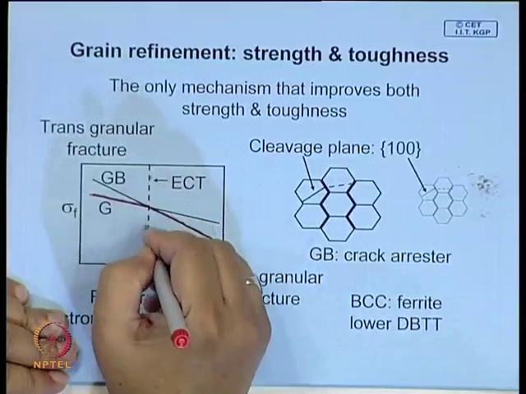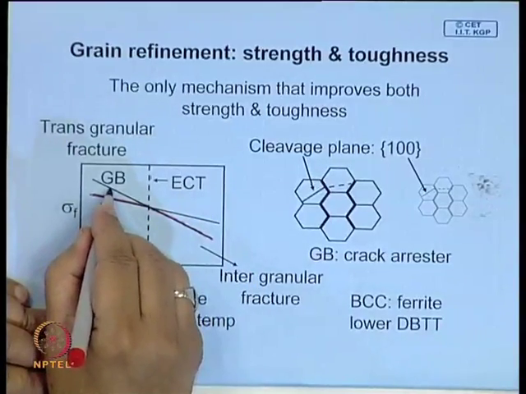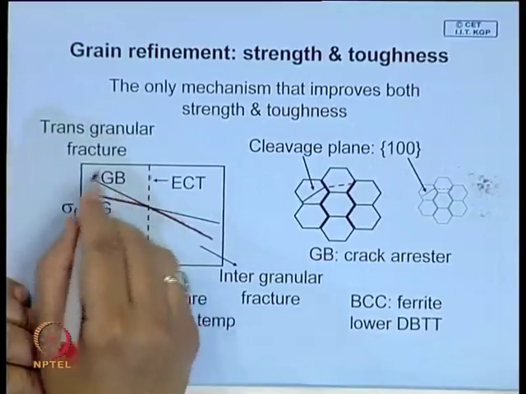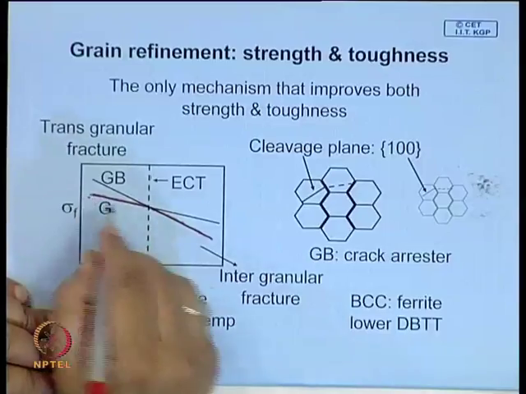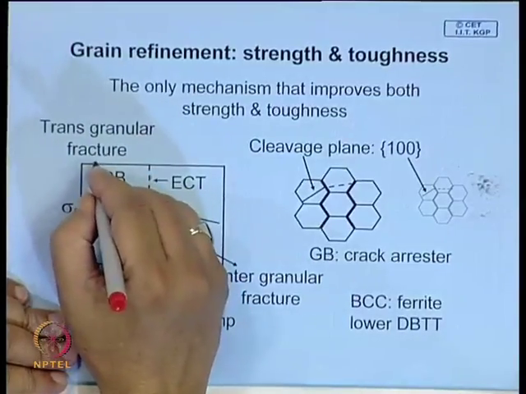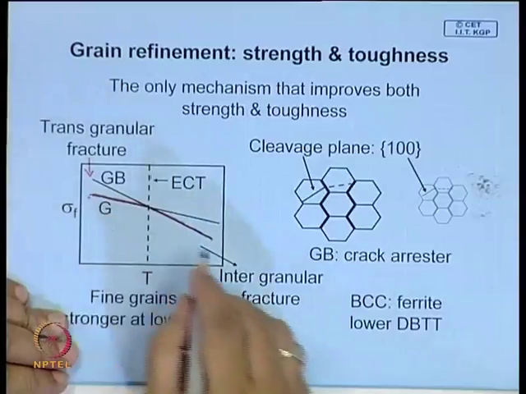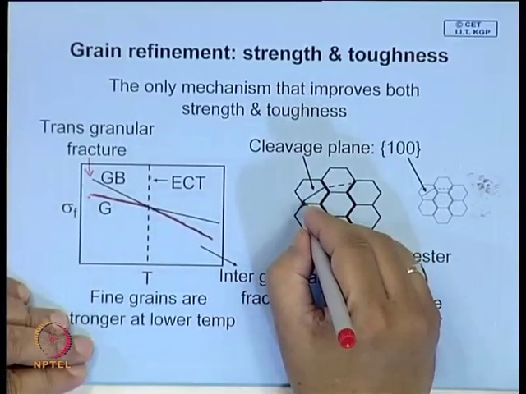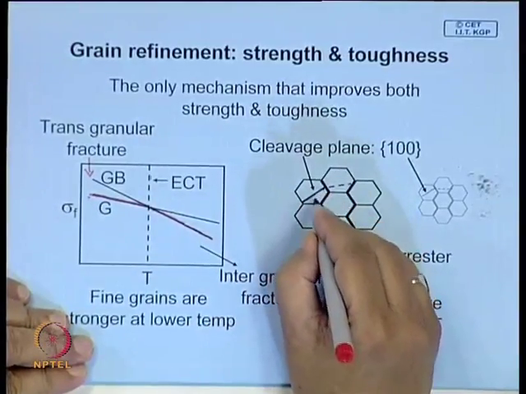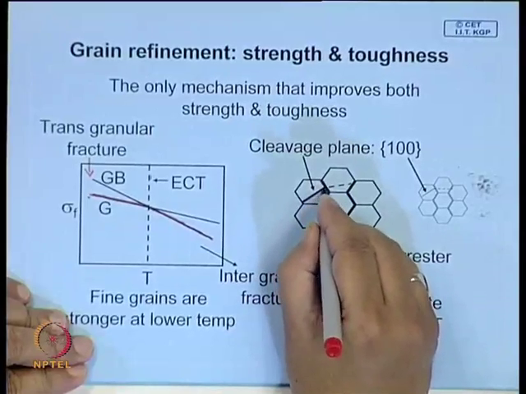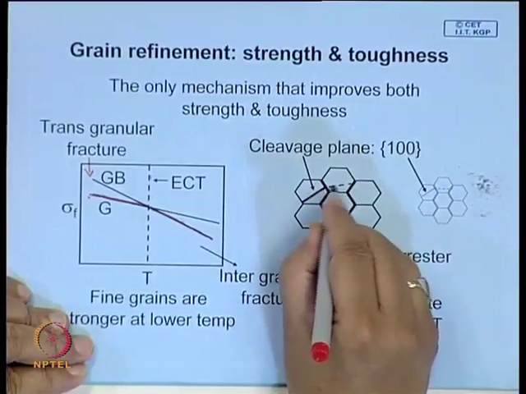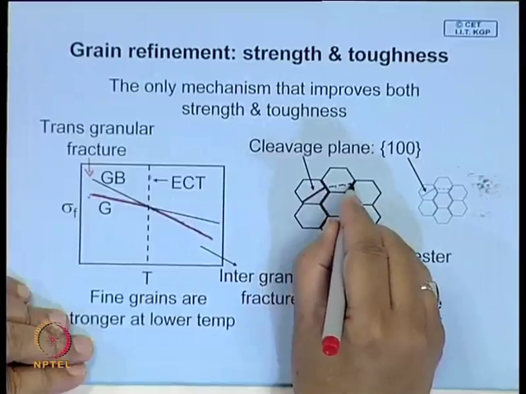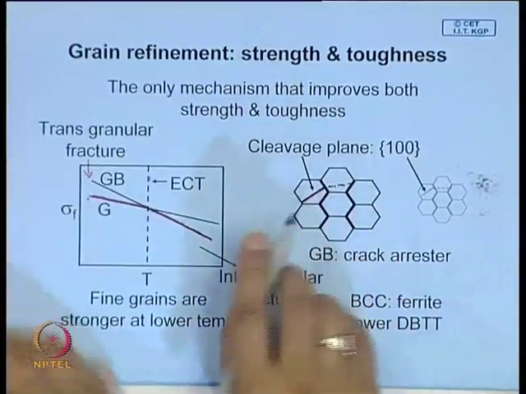Below this temperature the grain boundary is stronger, so the crack does not pass through the grain boundary; it passes through the grain, and you have transgranular fracture. Imagine the crack is taking place here, and when it reaches this grain boundary, for it to propagate you need another cleavage plane over here, which may not be favorably oriented.